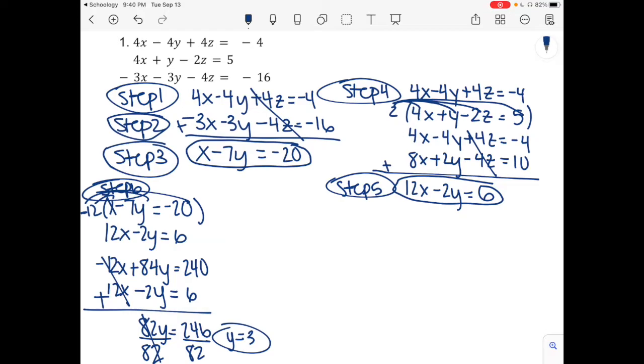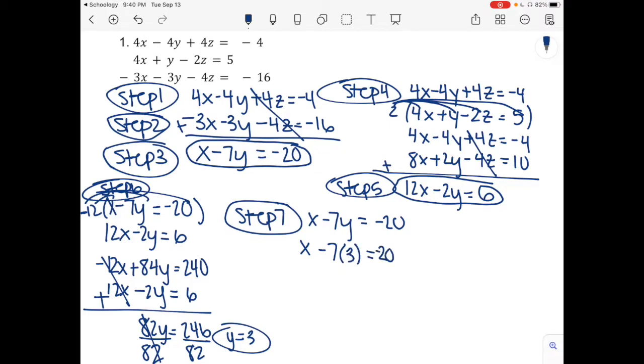Step 7, plug in the variable which you solved for in step 6 into one of the equations with 2 variables. So I'm just going to pick the first one. So step 7. I'm going to take x minus 7y equals negative 20 and plug in y there. So x minus 7 times 3 equals negative 20.